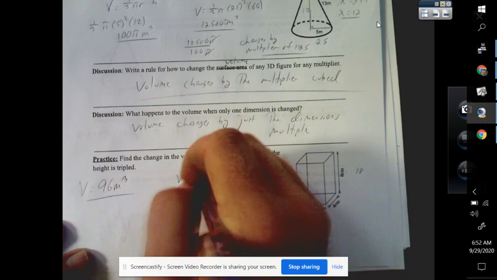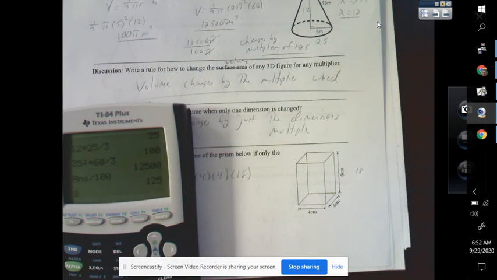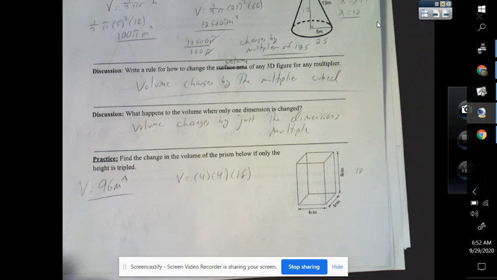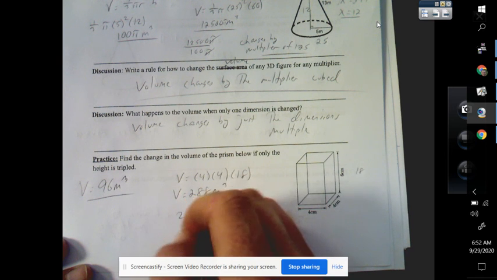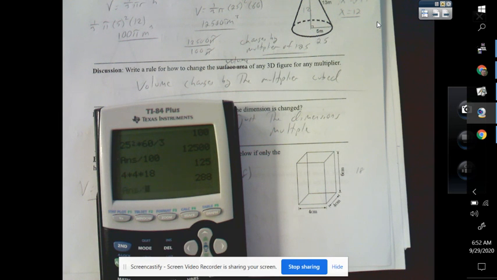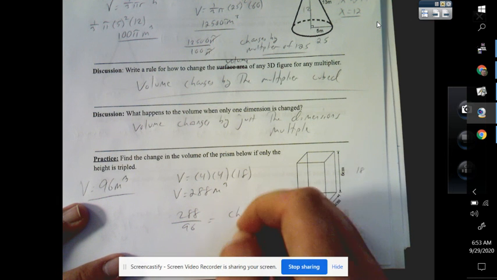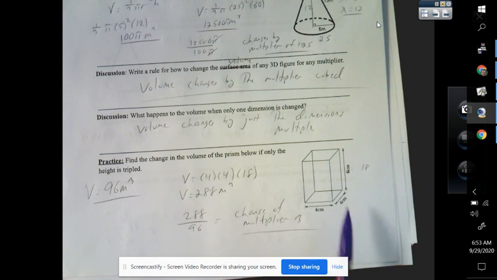So for this one, it would be 4 times 4 times 18, which is 288. If I do 288 divided by 96, we get a change of 3, a multiplier of 3, which makes sense because I only tripled the height. I only changed one thing instead of all 3.